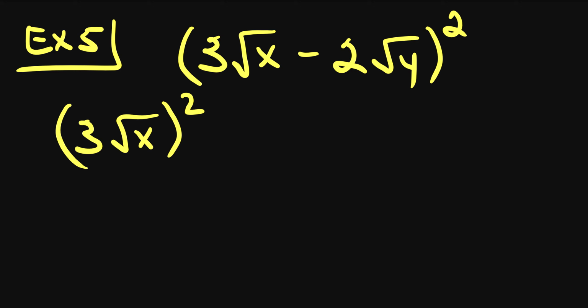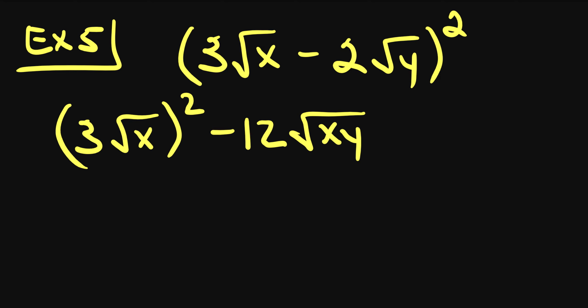Let's see. I'm going to first do the coefficients: the 3 times the -2 times 2. And that's going to give me -12. And I've got the square root of x times the square root of y, which is going to be the square root of xy.